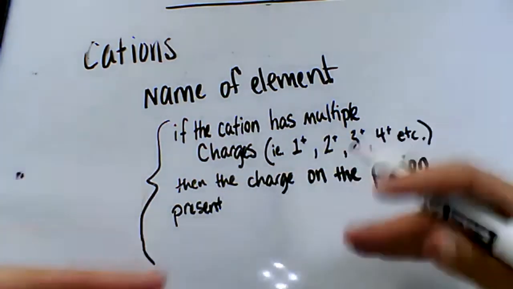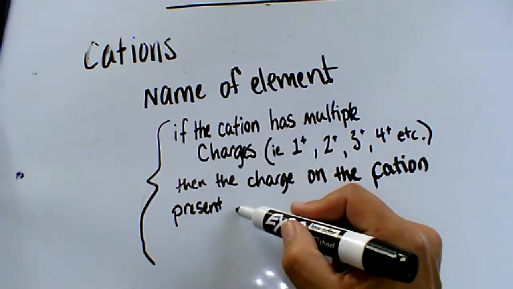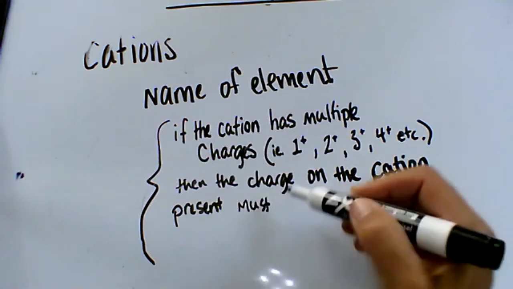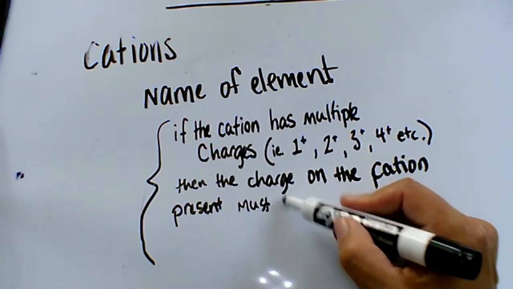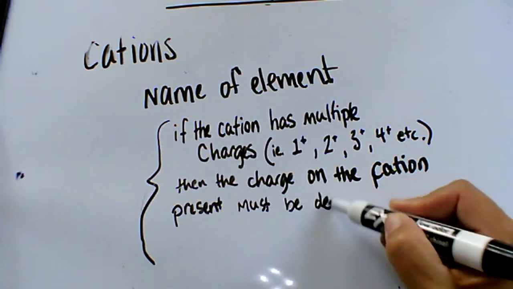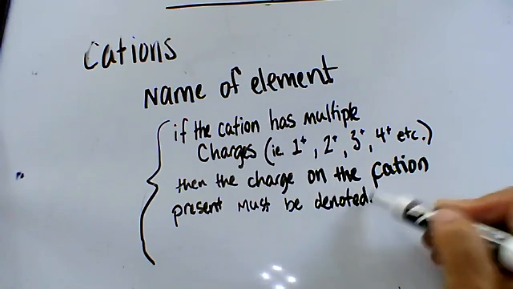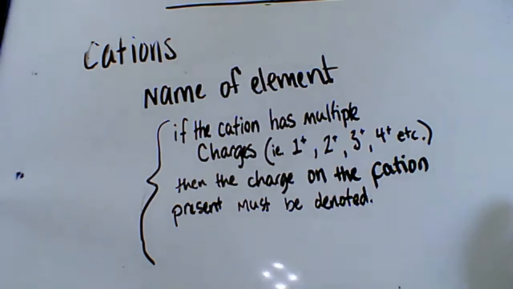It must be represented. By denoted, it must be present. It must be a part of this, okay? So it's really simple. I'm going to write this in a different way.